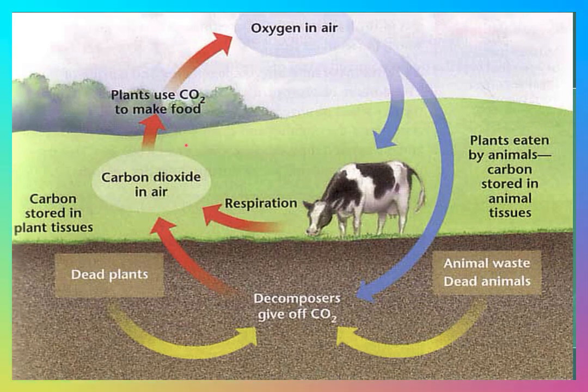Here's another picture of the carbon dioxide-oxygen cycle, and you start up here with oxygen in the air. It's taken in by an animal or enters into the ground through the animal's death and waste. Respiration produces carbon dioxide, which goes into the air.